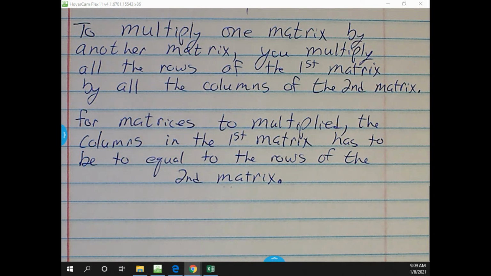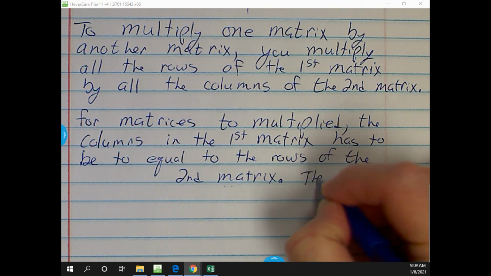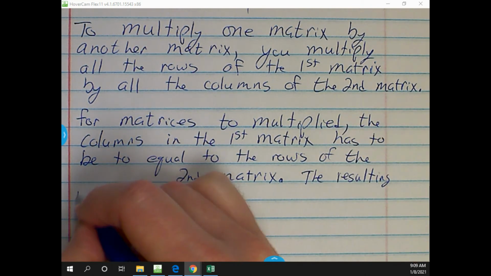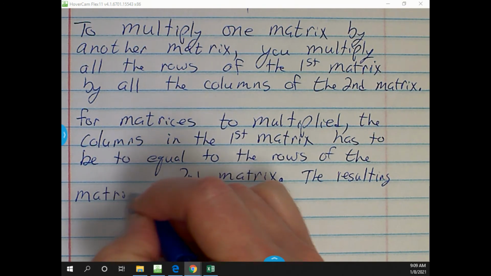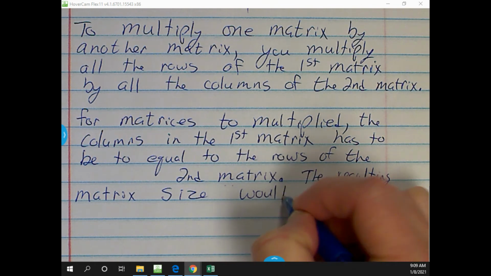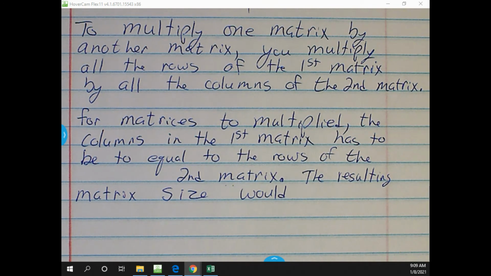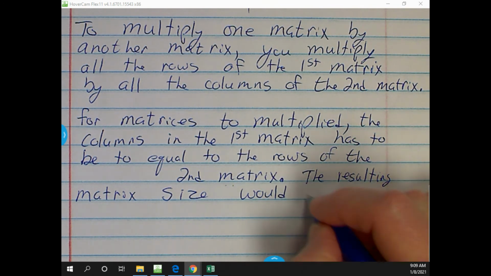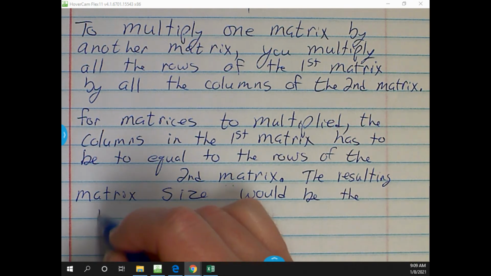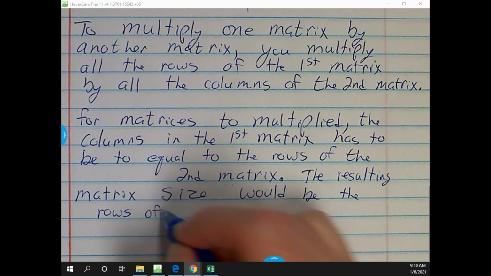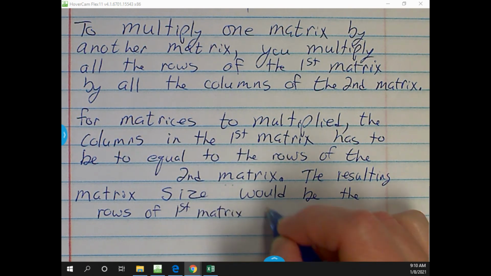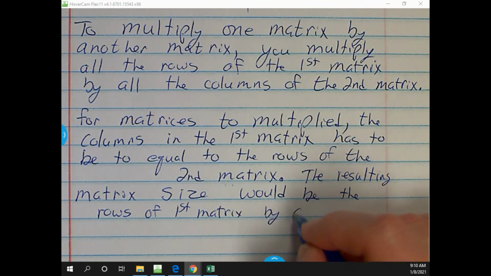The size of the matrix you would get from that answer, the resulting matrix size, would be the rows of the first matrix by the columns of the second matrix.